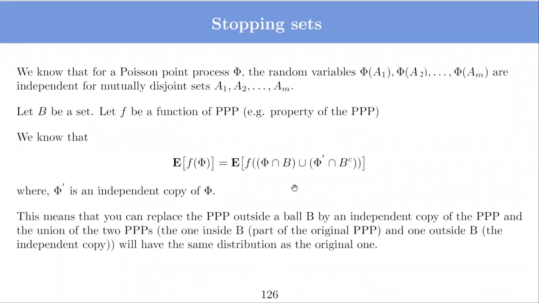So you construct a new point process, then you take the function of that and compute the expected value. Which means that if you are interested in the expected behavior of any property or function of the PPP, then you can get the same value by taking the PPP inside B and replacing the outside PPP with an independent copy. So you can replace the PPP outside a ball B by an independent copy of the PPP, and the result will not change.